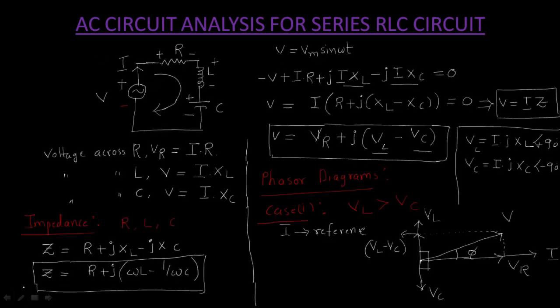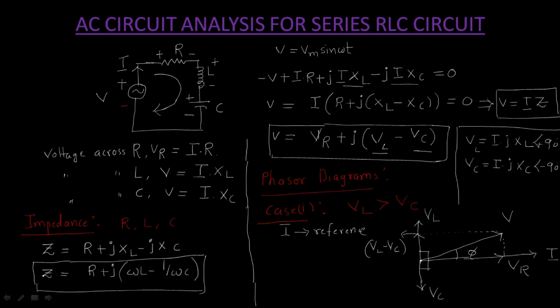So whenever a resistor, inductor and capacitor are connected in series, the phasor diagram is like this. The voltage values are like this, and this is the impedance.